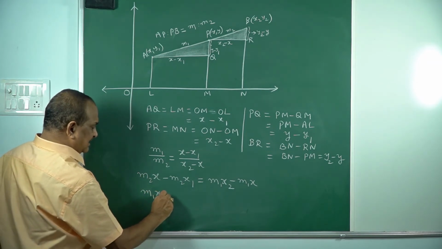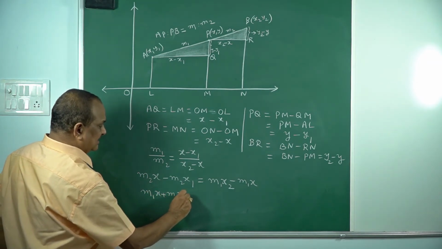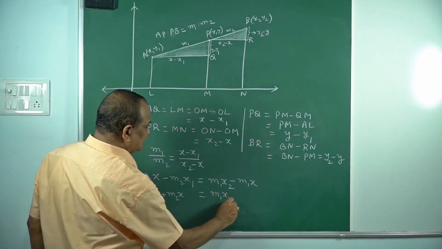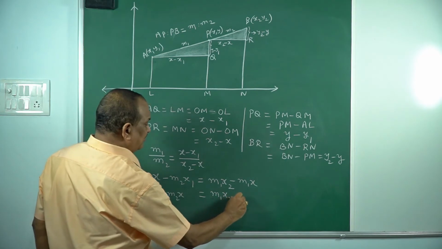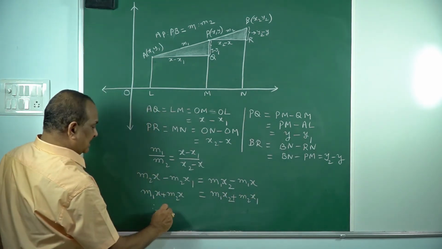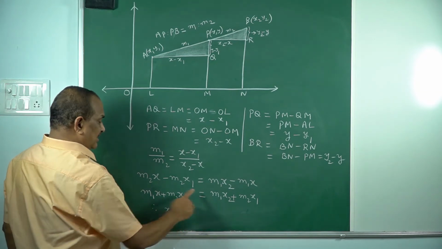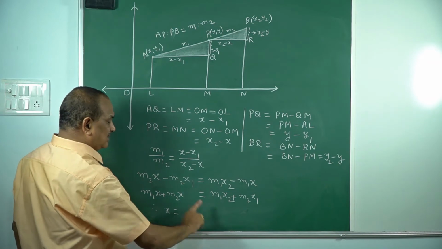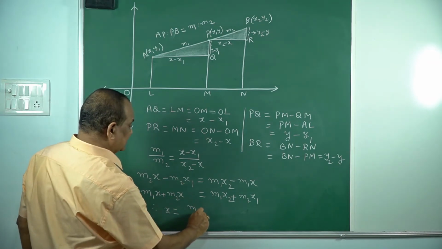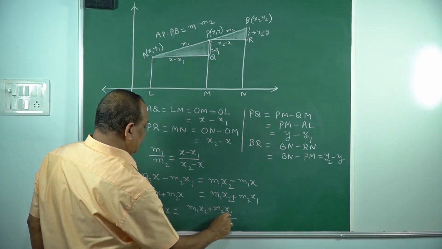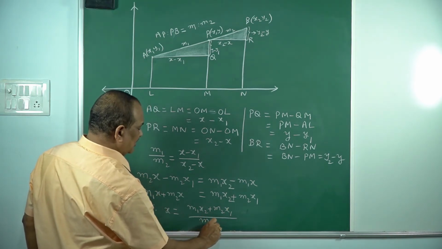Already you have m2x here, is equal to m1x2, copy down as it is, and take it to that side, plus m2x1. And therefore x is equal to, you take out x as a common factor here, m1 plus m2 will come, send it to the denominator, m1x2 plus m2x1 by m1 plus m2.